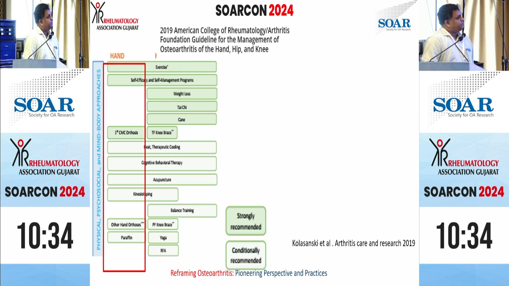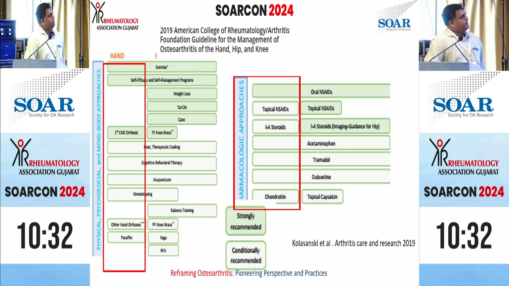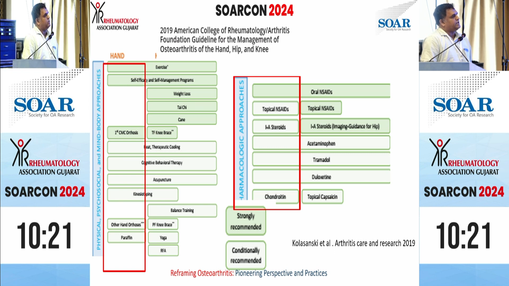Then you have the pharmacological therapy, where they have strongly recommended the use of oral NSAIDs, and conditionally recommended the use of topical NSAIDs, intraarticular steroids, and chondroitin sulfate. But these are all that they have recommended with respect to treatment for hand osteoarthritis.